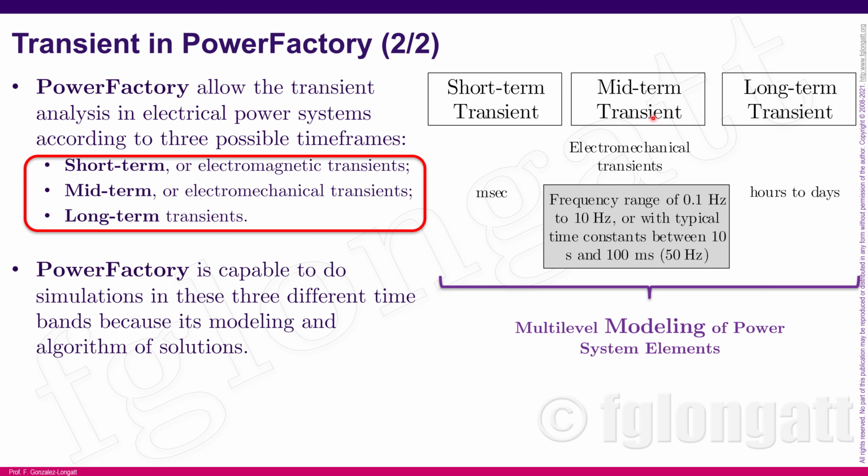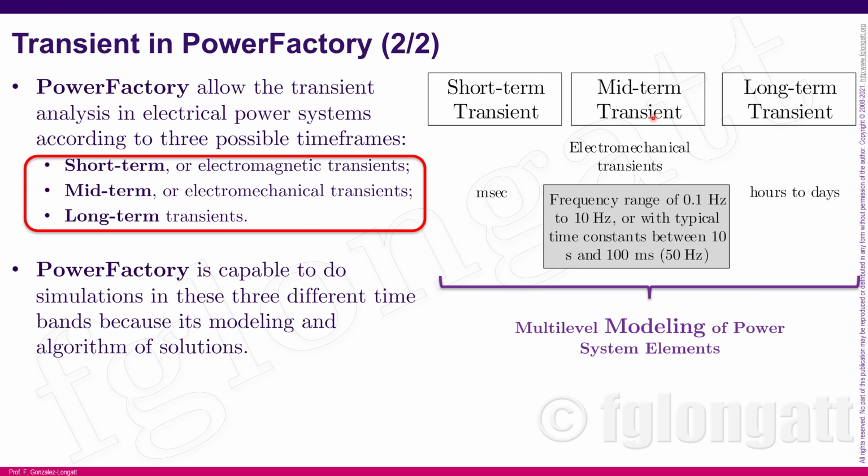Power Factory is able to run calculation simulation for very short term, as I defined early in this course, a very short term time scale, and that is for electromagnetic transients, to be honest. With this kind of simulation, you can get the instantaneous values and make studies for very short time periods, okay?